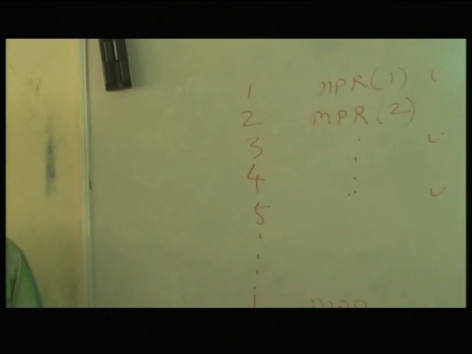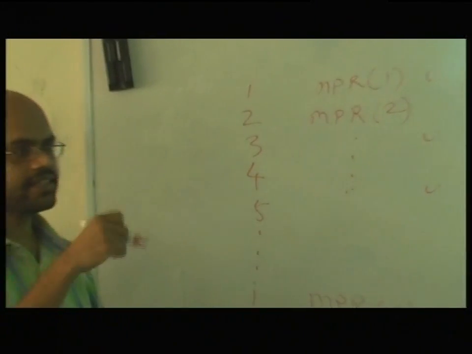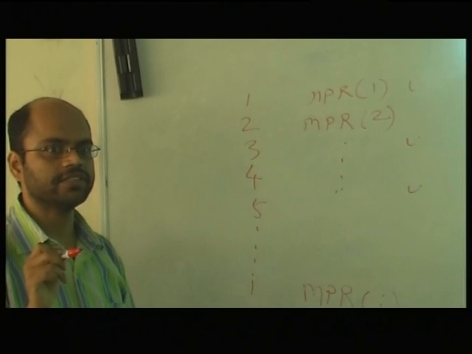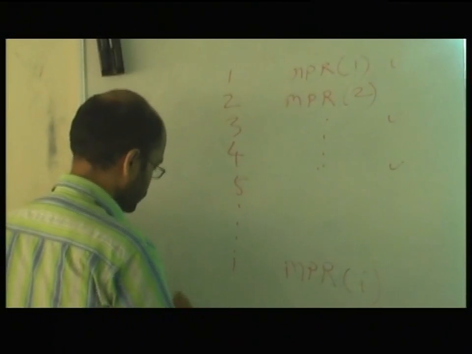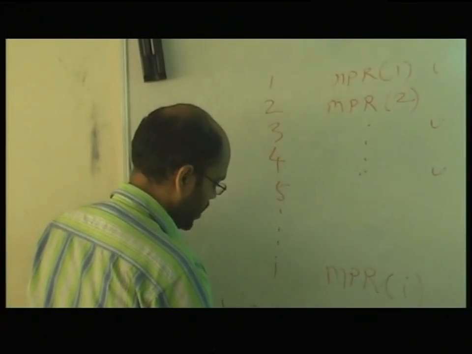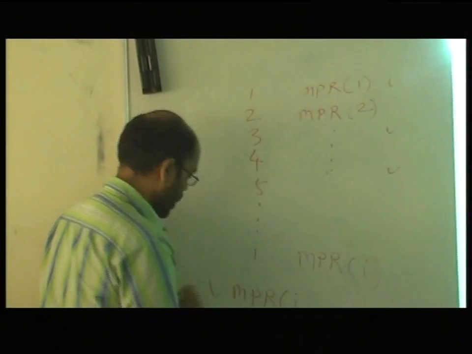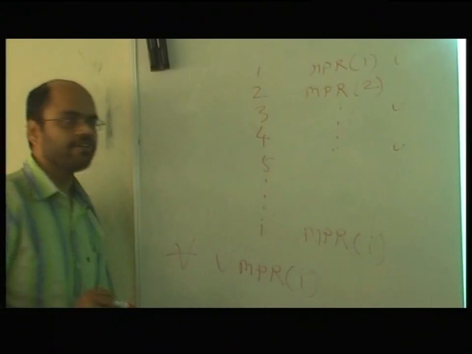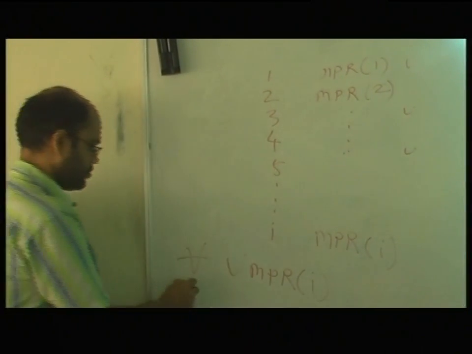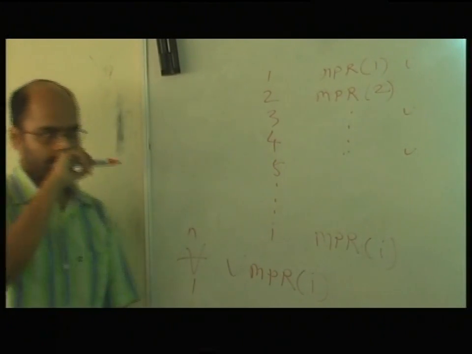So if you want to write it using this notation, for all i, how would you do this? The union of MPR of i, where i varies from 1 to n.